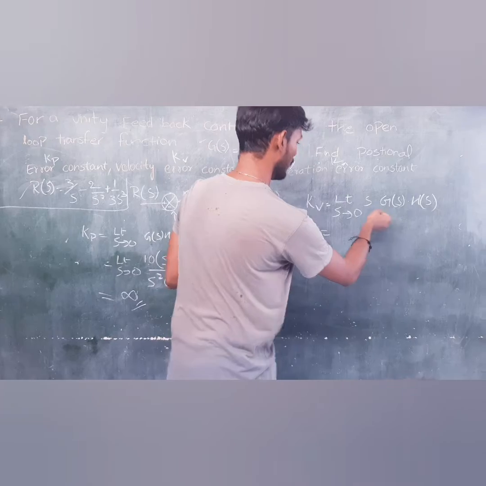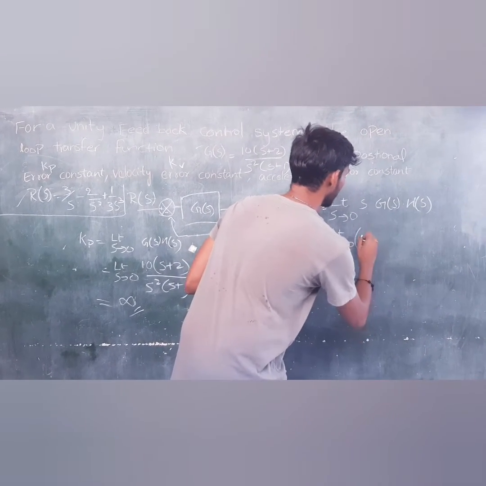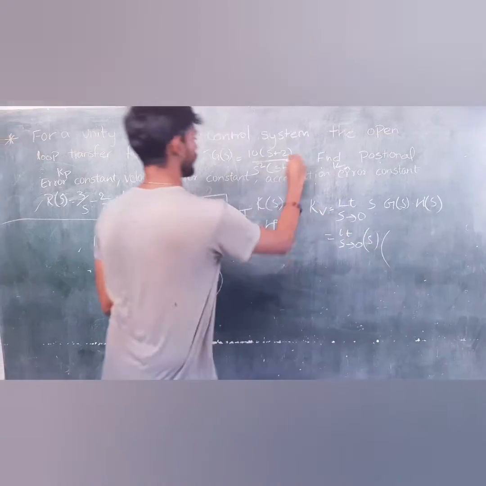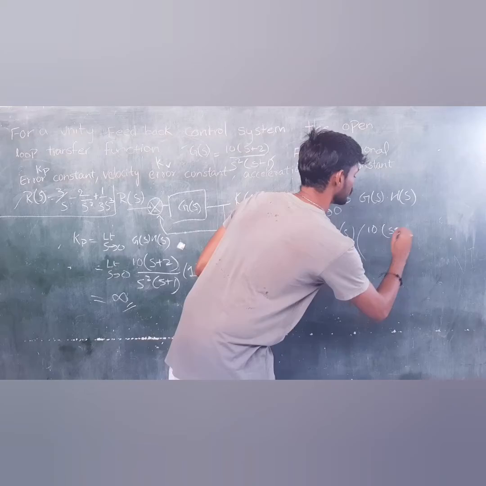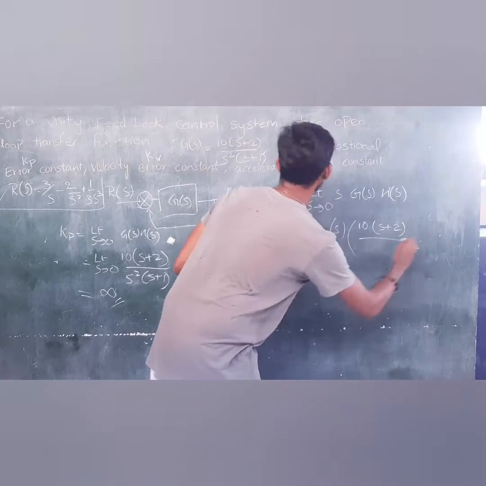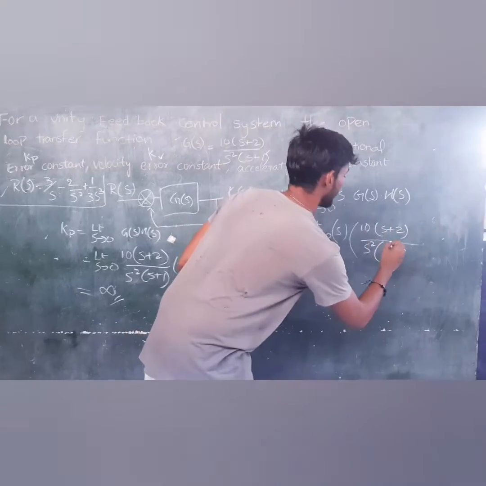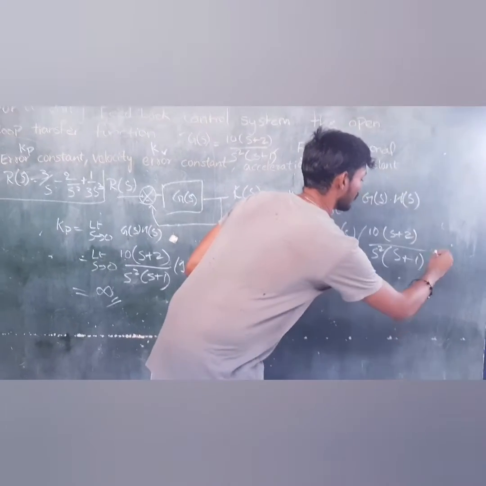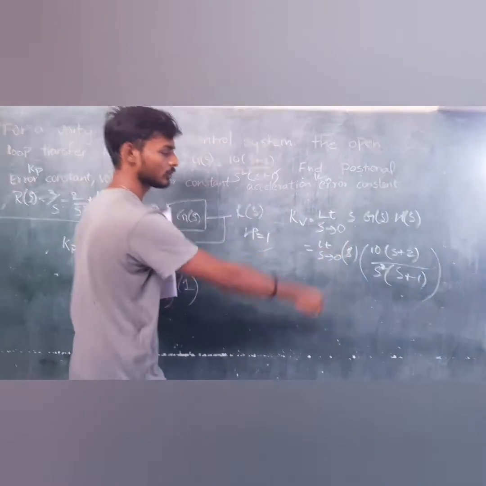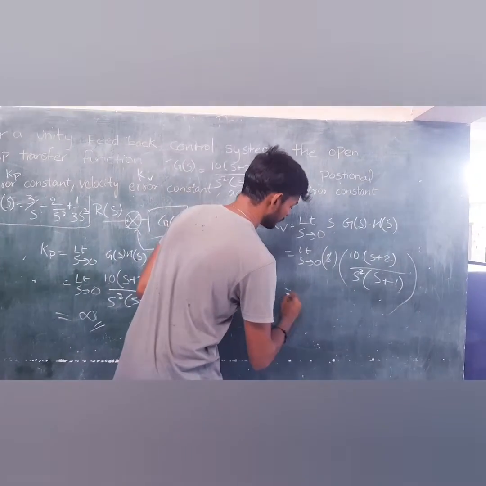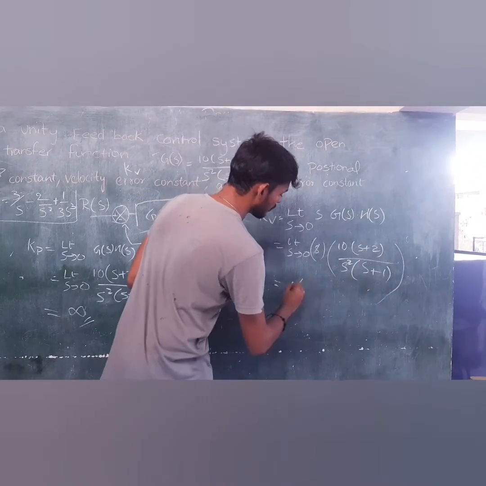The same thing: limit s tends to 0, where s·G(s) is s times 10(s + 2) / (s²(s + 1)). Here s will be cancelled, and we directly substitute the s value, with the same output. Anything divided by 0 is infinity.